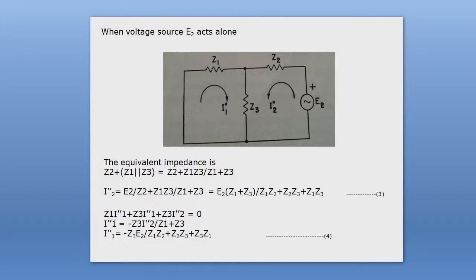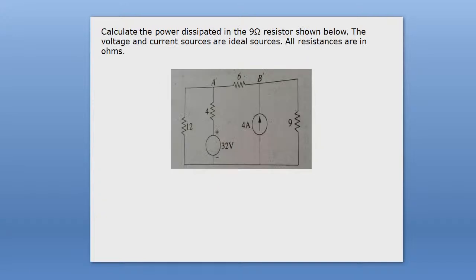So I will give you one problem associated with dependent sources, and another one where the circuit consists of current source as well as voltage source. In our experiment we have considered only voltage source, but I will give you a problem where the circuit consists of voltage source as well as current source. That time, how will you solve the problem using superposition theorem?